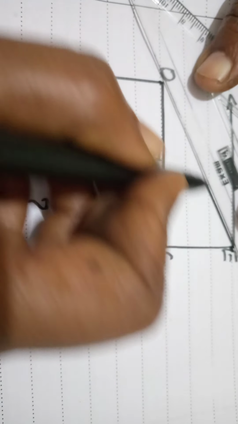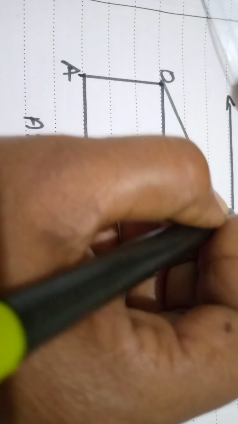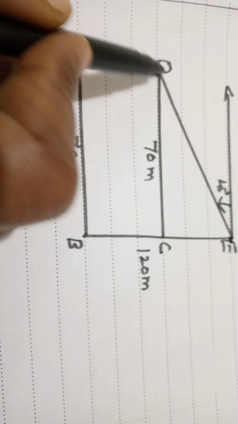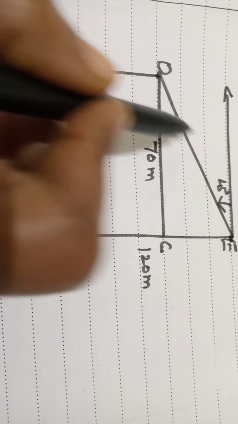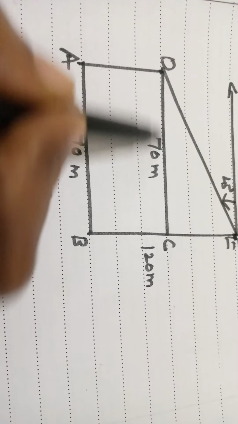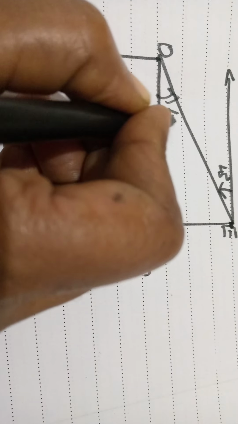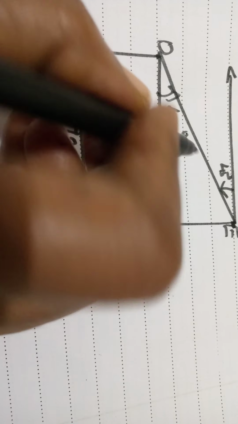Angle of depression means we consider this point as the eye level, and through it we draw the horizontal line. The angle of depression from the top of the second building to the top of the first building is 45 degrees. What is the alternate angle of this one? Consider this Z shape. This angle is the alternate angle, so it will be 45 degrees.